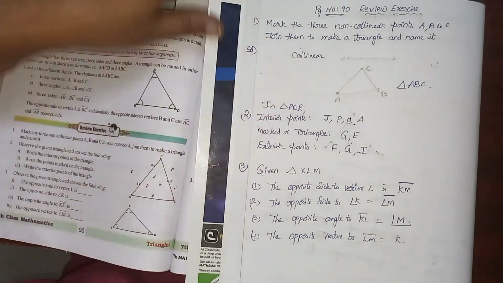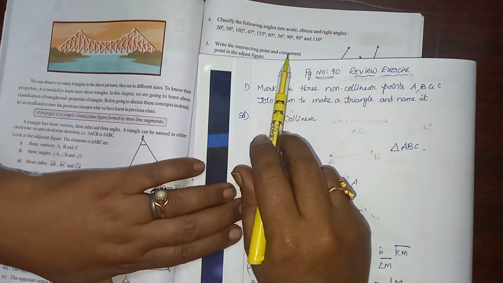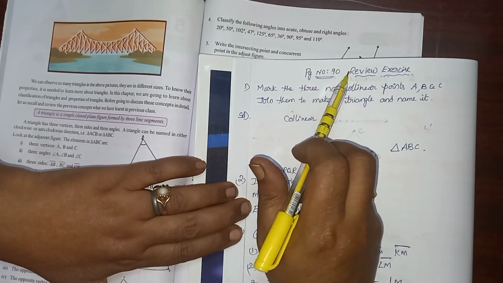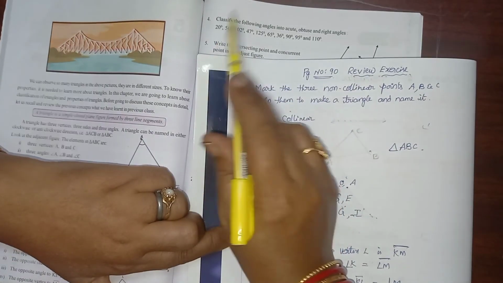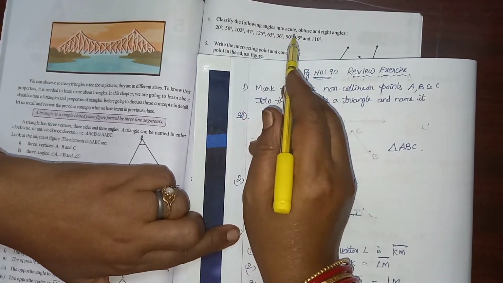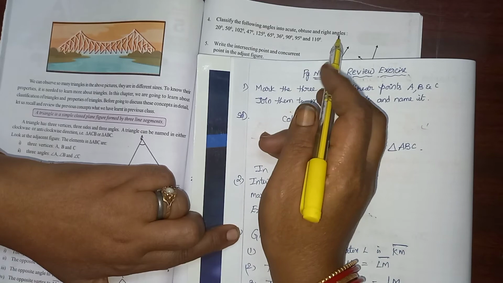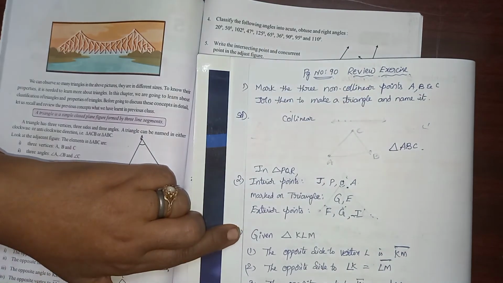Okay, now see the fourth question. It is very easy. Classify the following angles into acute, obtuse and right angles. Some angles are given, and we classify which is acute, which is obtuse and which is a right angle. You all learned this in the 6th class.